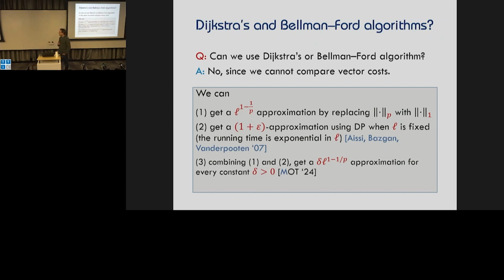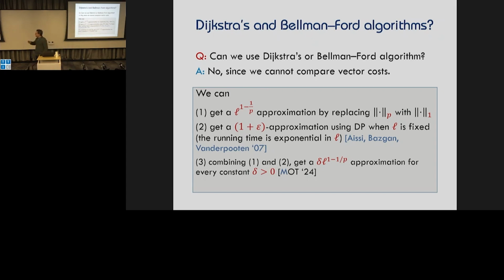Also, if L is fixed, then Aissi et al. showed that we can get a 1 plus epsilon approximation. Loosely speaking, we use something like dynamic programming, and we keep track of all possible cost vectors. First, we discretize the space of cost vectors, and then we keep track of all of them. And it's not hard to see that we can get a 1 plus epsilon approximation.